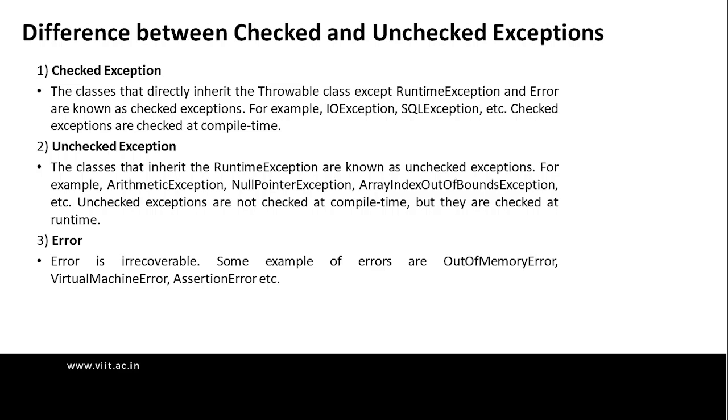Unchecked exceptions: the classes that inherit RuntimeException are known as unchecked exceptions, for example ArithmeticException, NullPointerException, and ArrayIndexOutOfBoundsException. Unchecked exceptions are not checked at compile time, but they are checked at runtime. An error is irrecoverable. Some examples of errors are OutOfMemoryError, VirtualMachineError, and AssertionError.